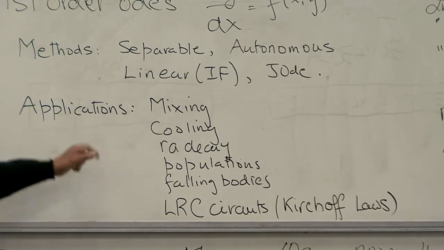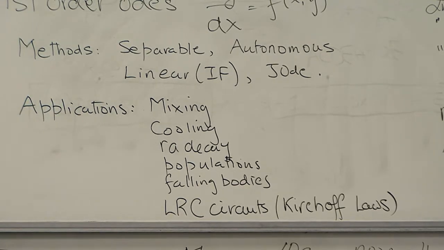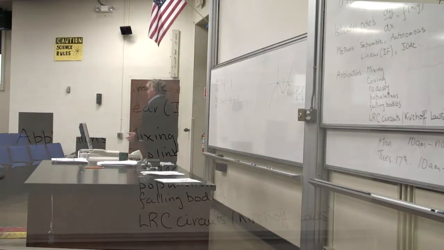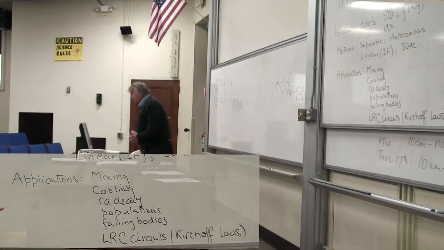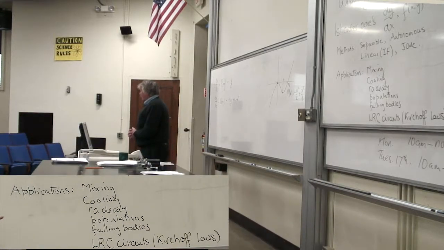Cooling problems. Cooling of dead bodies or cakes. Okay, it doesn't matter. You have Newton's law of cooling, which says that the rate of change of temperature is proportional to the difference between the temperature of the body and the temperature of the ambient, the surroundings.